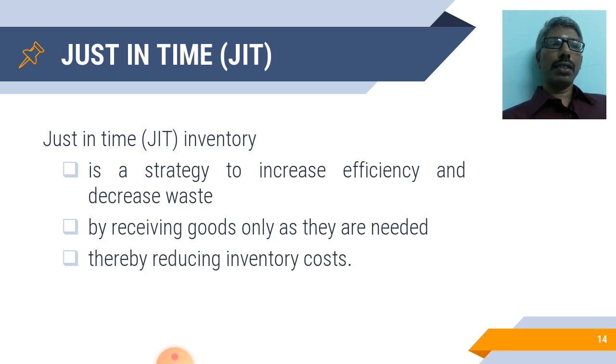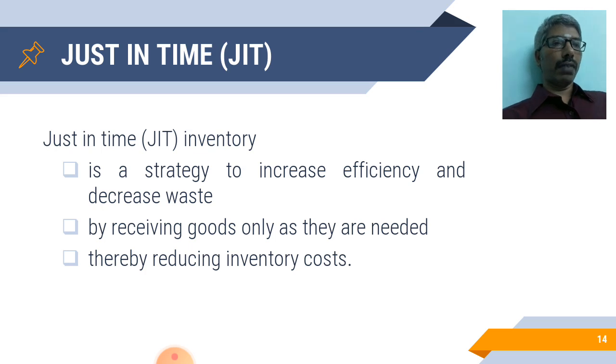Just in time inventory is a strategy to increase efficiency and decrease waste. The technique suggests purchasing materials when you need them, and it suggests avoiding keeping the material in stores.